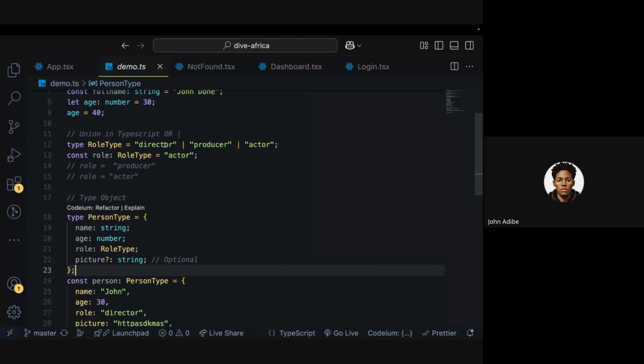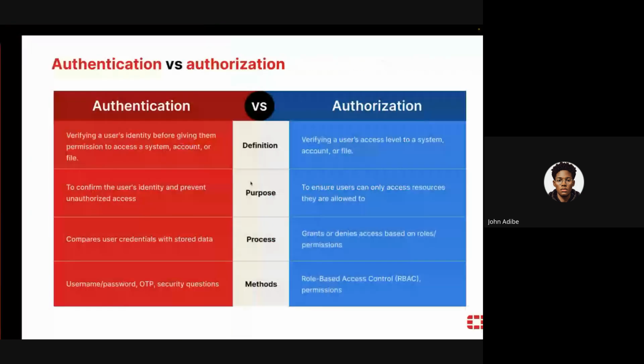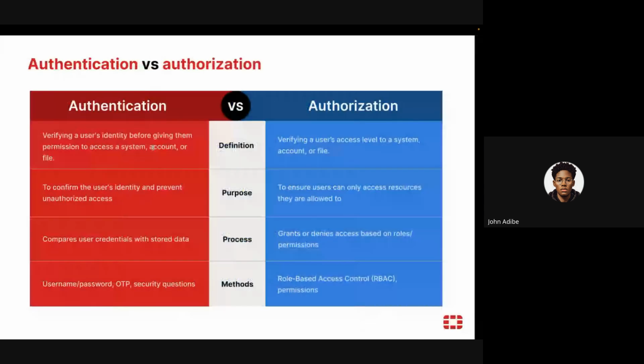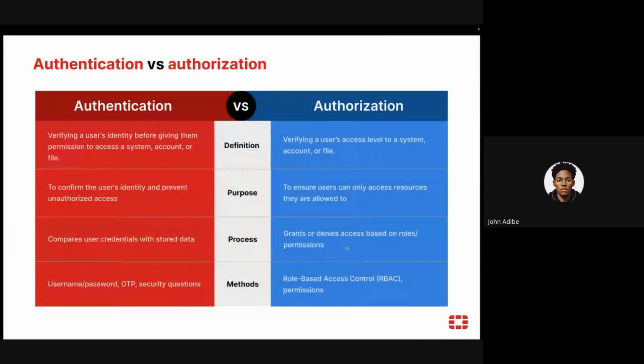Obviously, the director will have all the access. The actor will only have access to read the script. The producer will have access to do some other things. I'm just telling us what role-based means. Just because of the role of the person in the application, these are the permissions the person has.